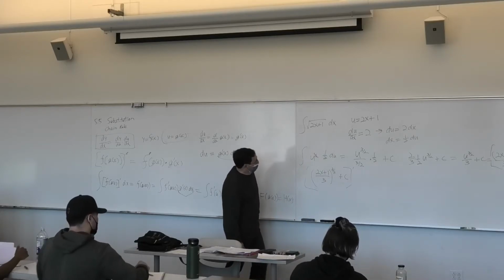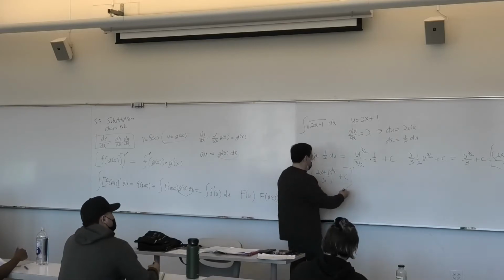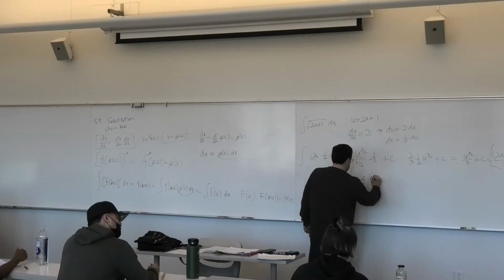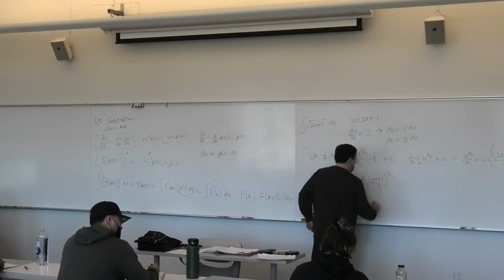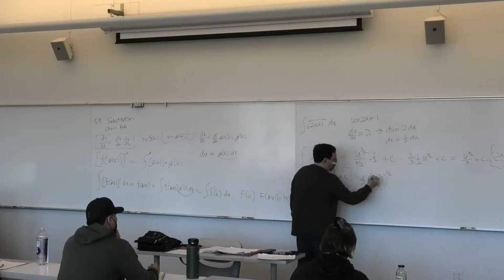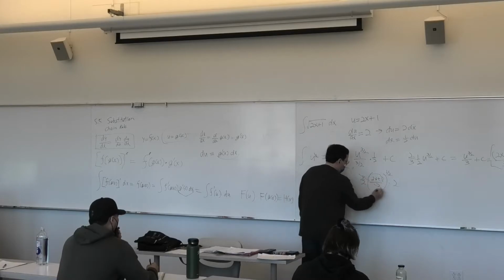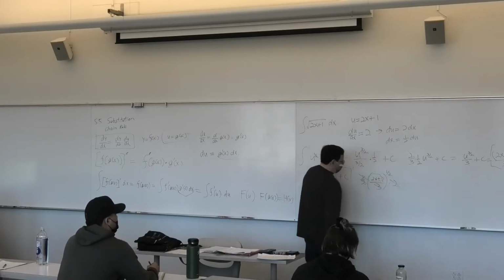Lying teacher. Let's try one more. 3/2, (2x plus 1) over 3, the 1/2. What am I missing? The chain rule. I have to multiply it by 2. All right, so now I get the right answer.